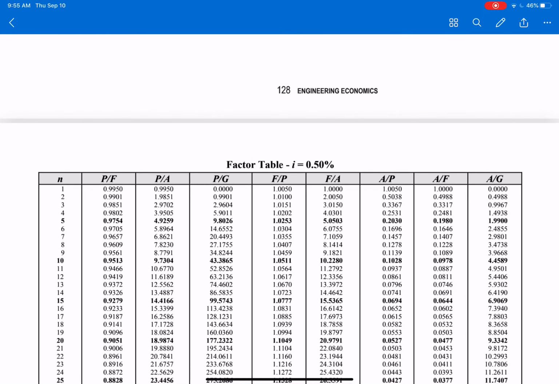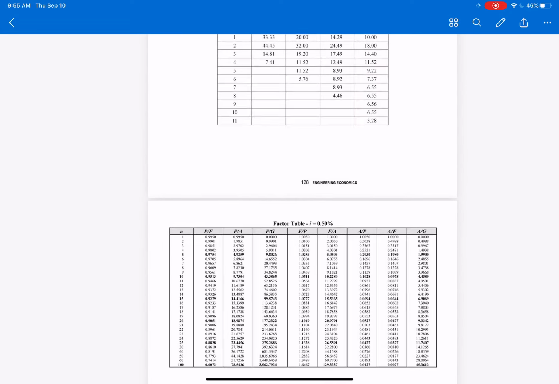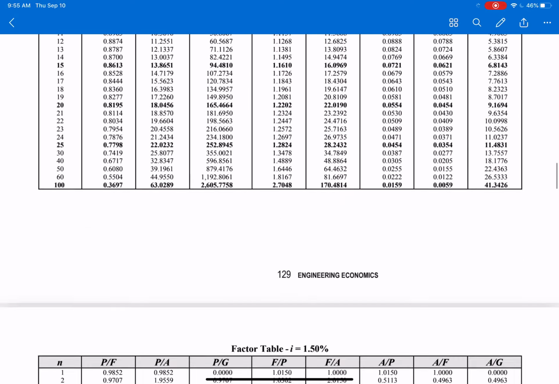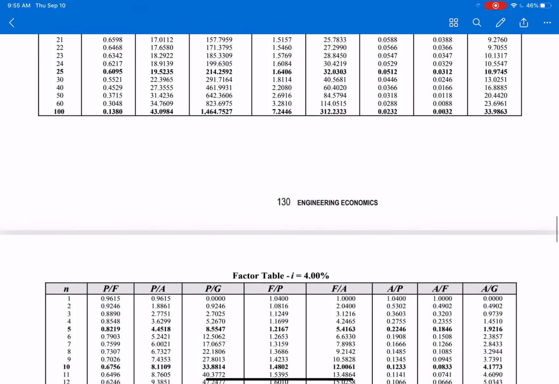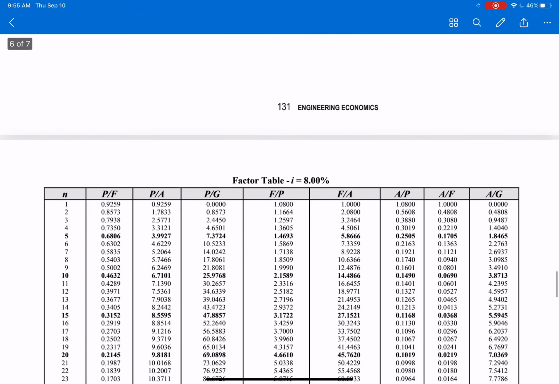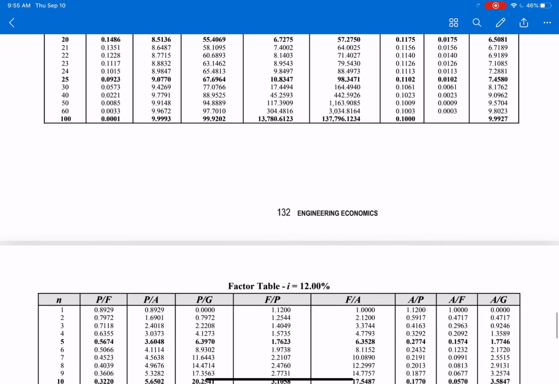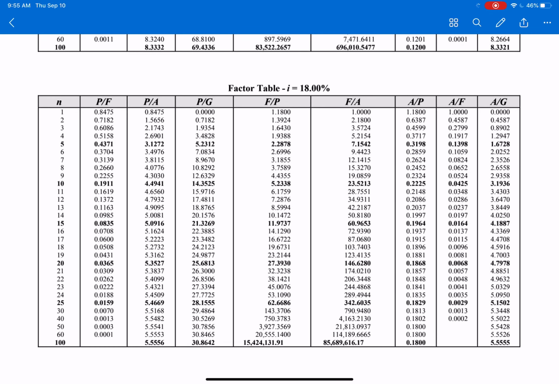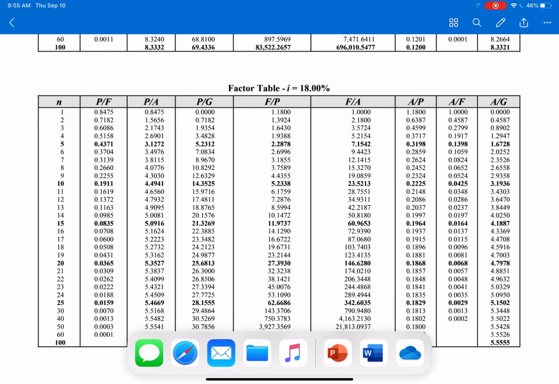In the reference, the table from the FE reference, go down to the tables that have 2%, 4%, 6%, 8%, 10%, 12%, 18%. So we stop at 18%. Go to that table, which I have in the slide here.